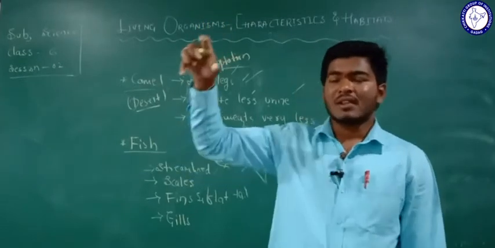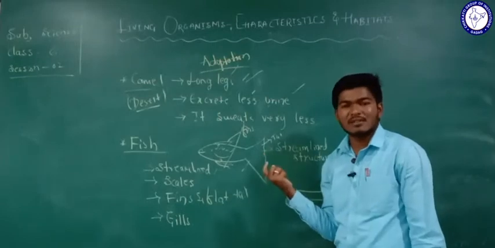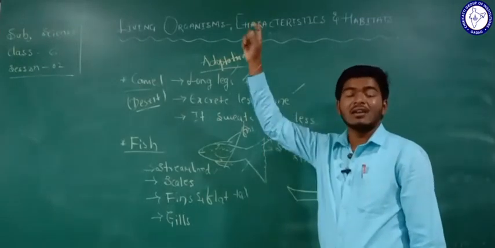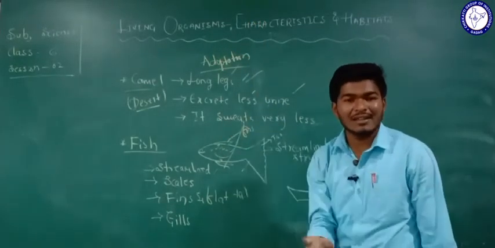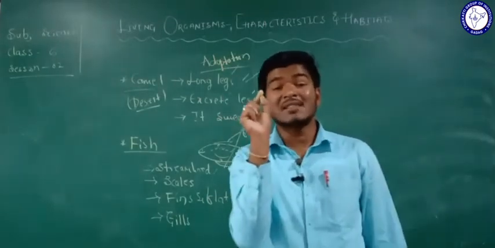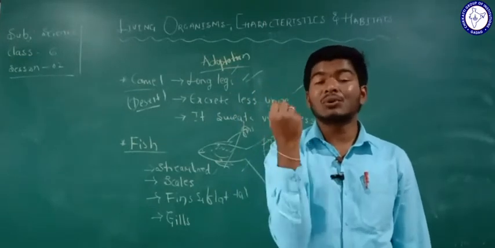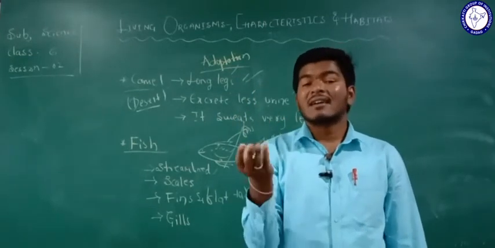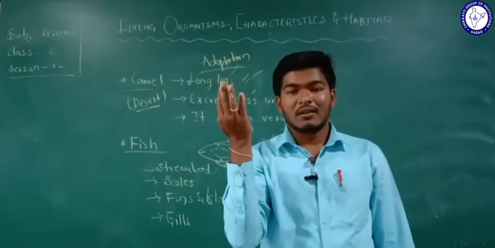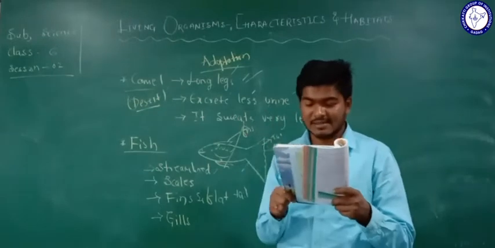So it can adjust to the desert condition, because there is no water present. If the evaporation rate is high, then it is very difficult to survive in the deserts. So cactus plants have small spines on their body. Why? Because they help to decrease the evaporation rate of water. Is it clear? That is the adaptation of the cactus.